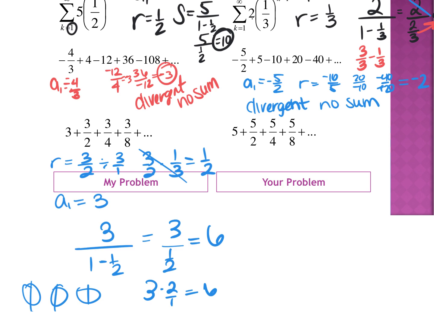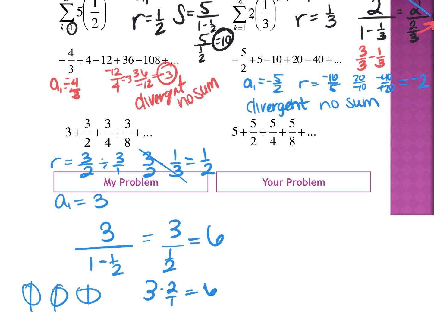Go ahead and try the next one. 5 plus 5/2 plus 5/4 plus 5/8. Identify your r. Identify your a1. Pause it. Find your sum, if there is one.